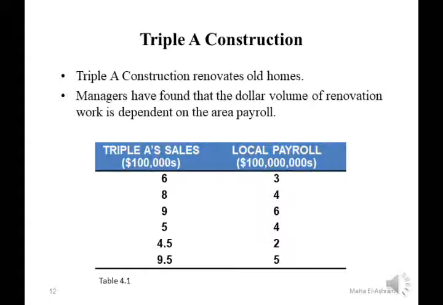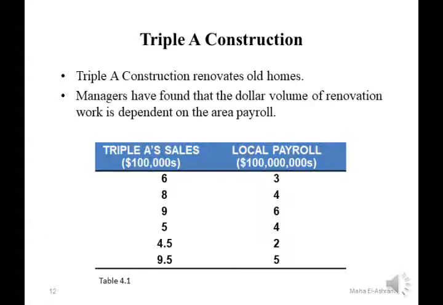Okay, so the renovation of the company is represented by the sales. The sales are measured in hundred thousands. They think that these sales depend on the area payroll, meaning the wages or salaries given to the workers.